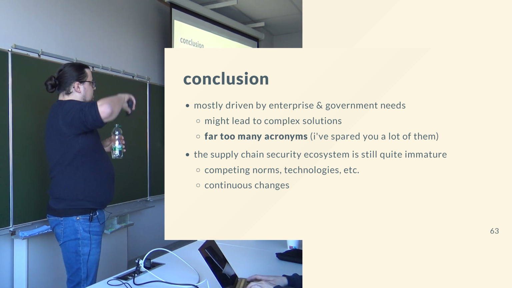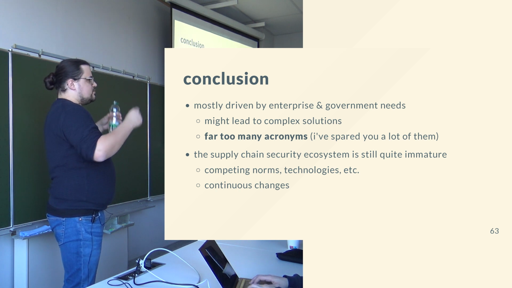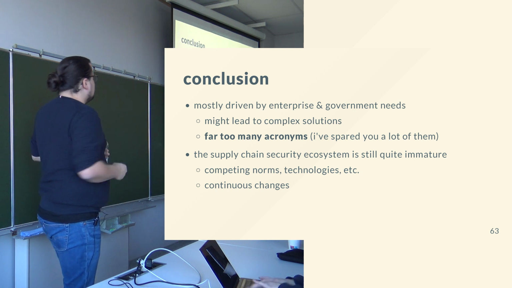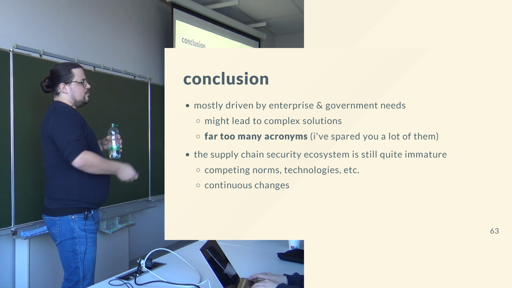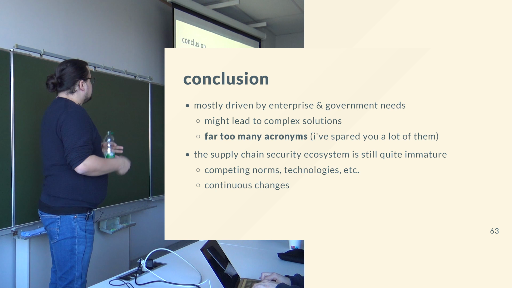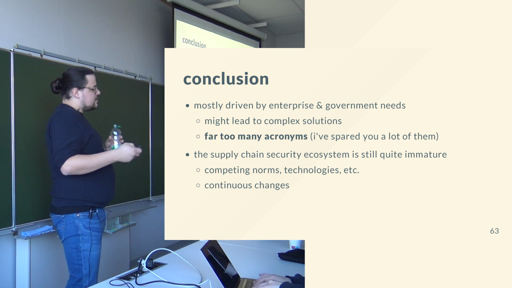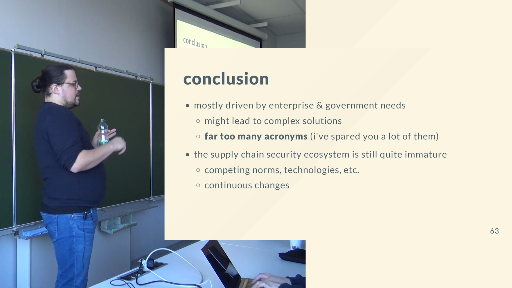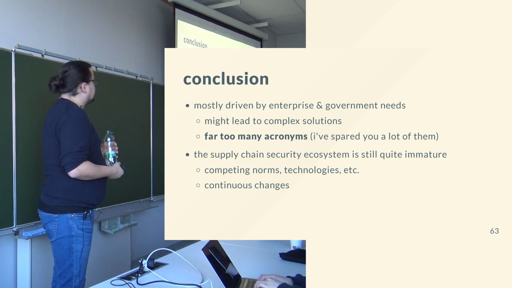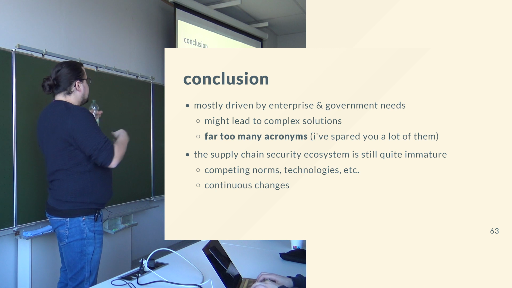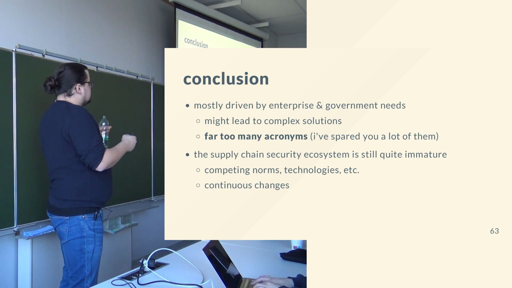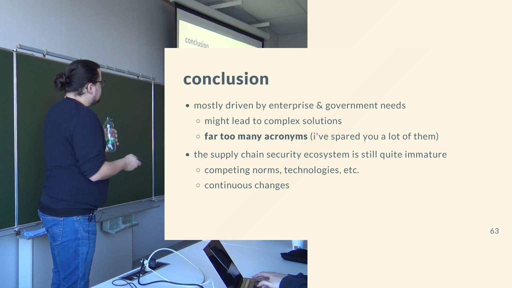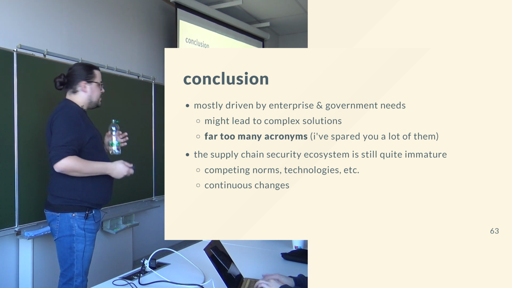It's a bit top-down, so it starts with a 600 pages PDF from the NIST, and then you try to find ways to implement this in open source ecosystems, and that leads to stuff that is not that easy to implement. Another problem that I found is that there are far too many acronyms in this domain. It is terrible. I don't know if it's because of the enterprise or government stuff or because the security people are more inclined towards acronyms, but there are way too many acronyms.